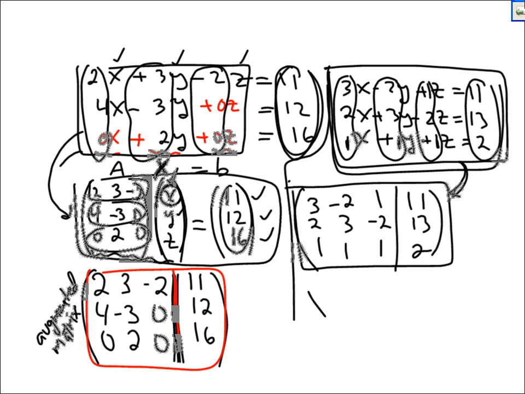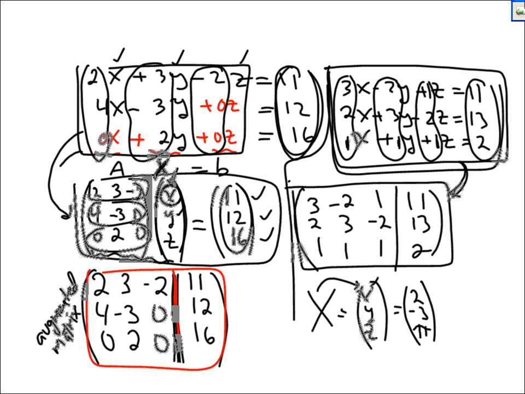Matrix X is equal to, say, X, Y, Z. That X and that X are different. That X right there is a real number, like 2, and the Y is negative 3, and the Z is the number pi. Little x, y, and z are real numbers.